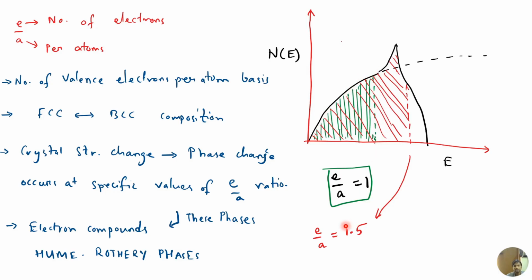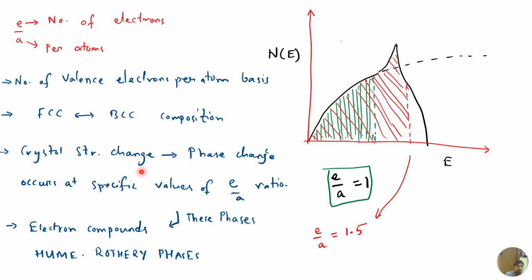But as we increase, let's say E by A is 1.5, it will go beyond this value and there will be a distortion in this N of E plot because of forming that band, and there will be more states near the Bragg plane.